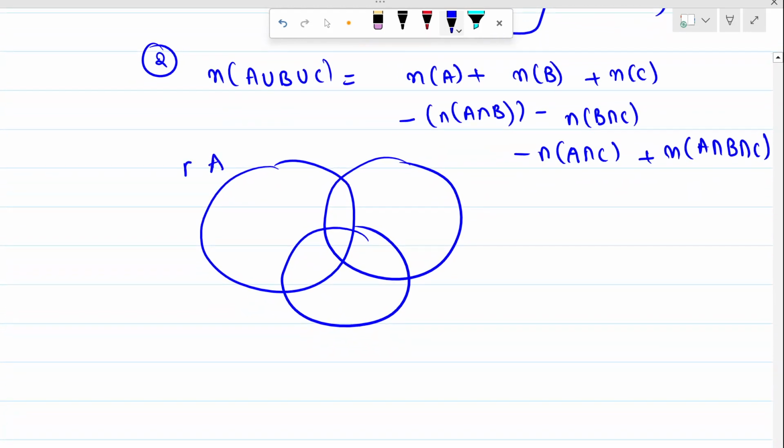This is N A, this is N B, and this is N C, and this region is N A intersection B intersection C.